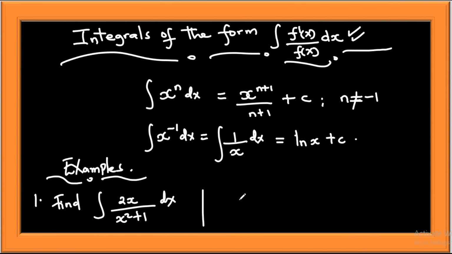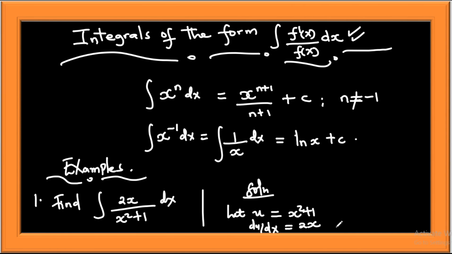So we shall decide to say let u, for example, I've chosen a variable, you can choose any other, be x squared plus 1. After this, I am supposed to differentiate by looking for du dx, which is definitely going to be 2x.